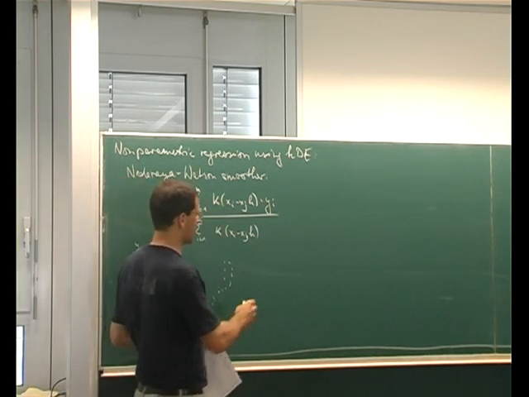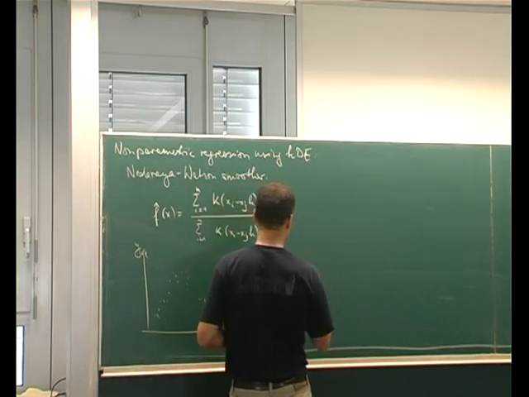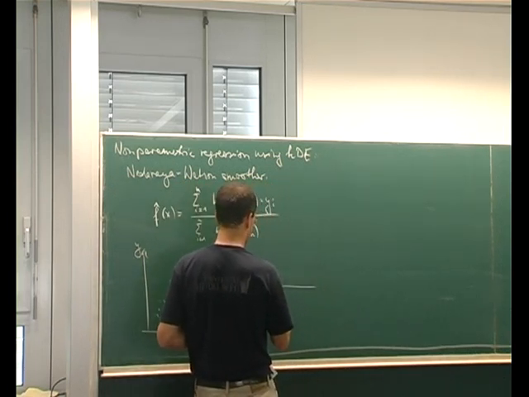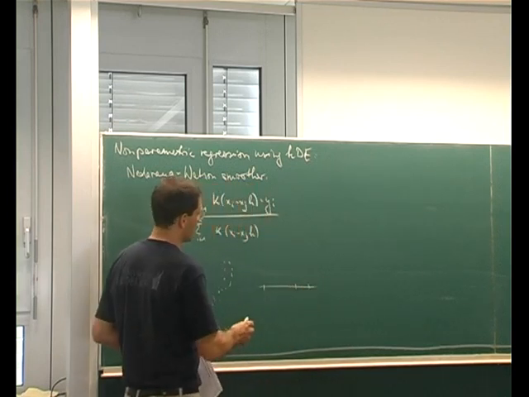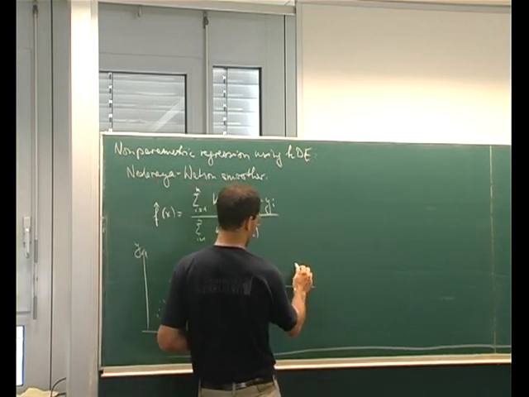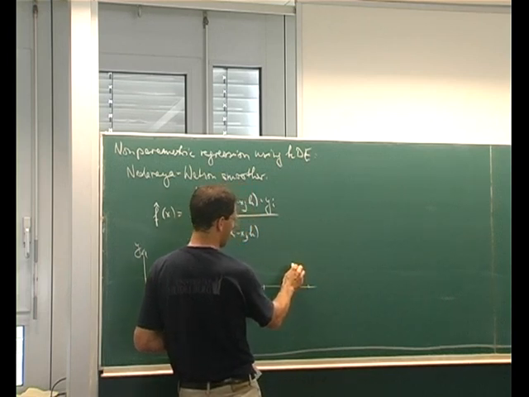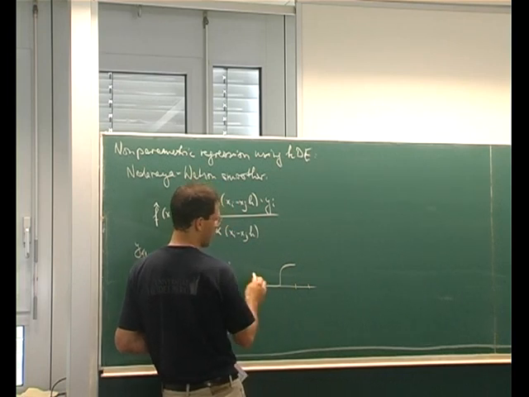So if we only look at 3 different points, the relative weight of the central point depends, of course, on the exact kernel function.